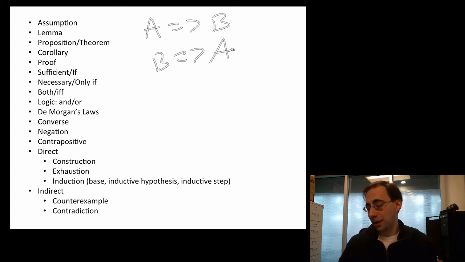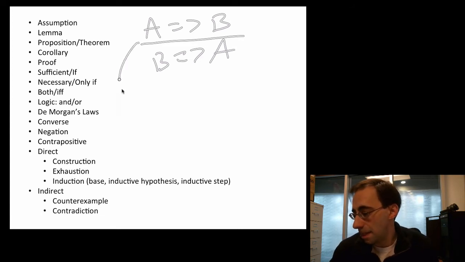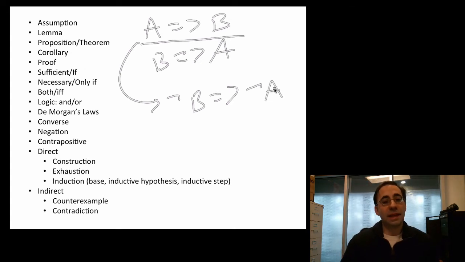However, there's another statement we could do, the contrapositive. Again, go back to the original statement. The contrapositive is taken by taking the converse and negating both sides. Not B does imply not A. If I have 2 pennies, I have less than 5 pennies.